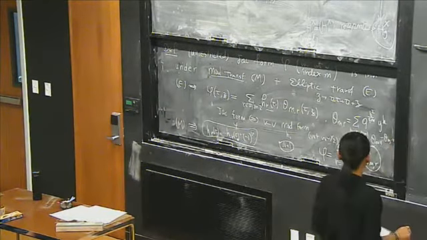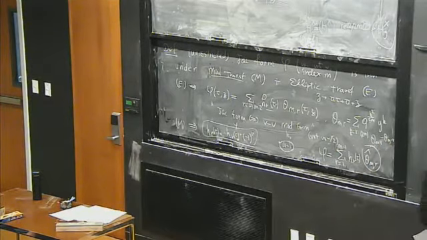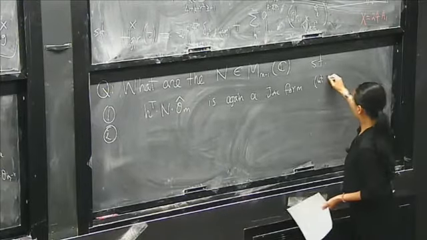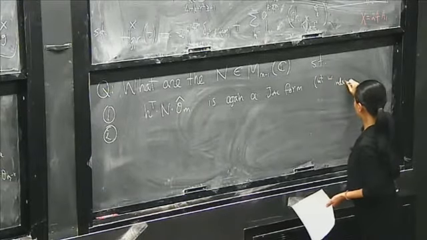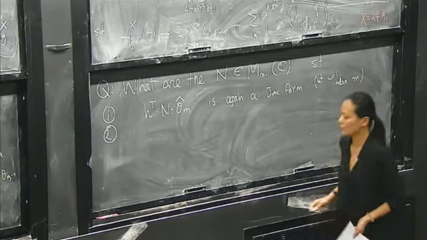The first condition is that this combination is again a Jacobi form of weight W, index same. W equals 1, let's say.